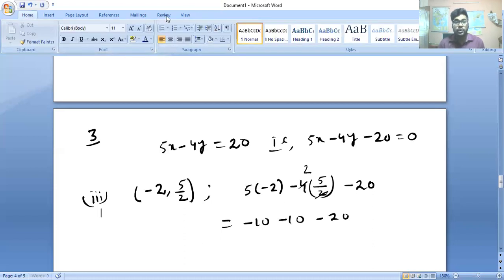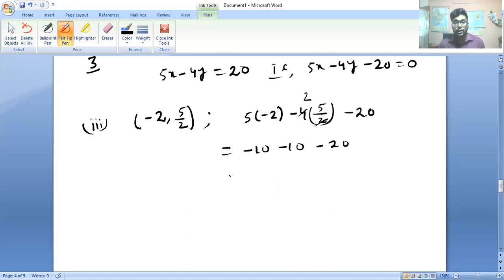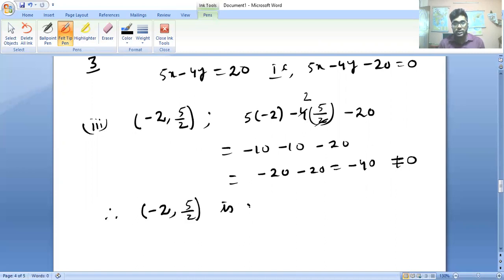So are they coming 0? They're not coming 0. So we have minus 20, minus 20, so it becomes minus 40. So not equal to 0. Clear? Therefore write: minus 2 and 5 by 2, this is not a solution.